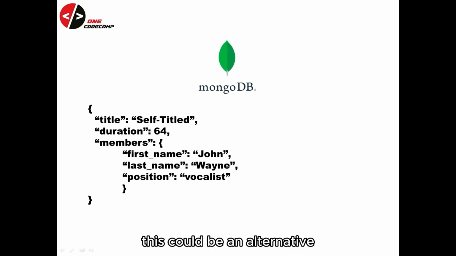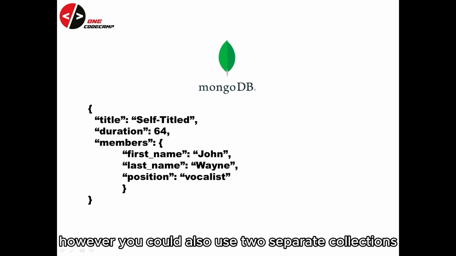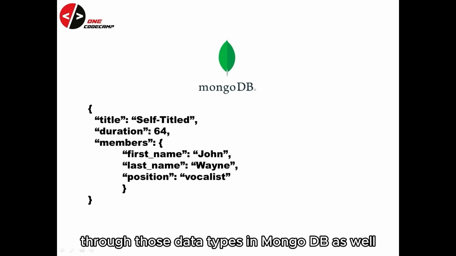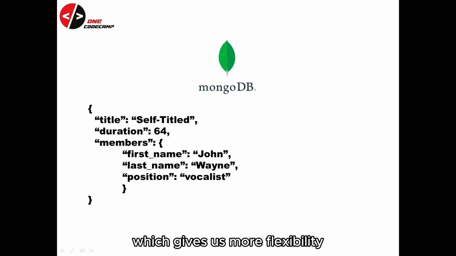This could be an alternative instead of using 2 different tables in a SQL database to store those 2 data types separately. However, you could also use two separate collections for those data types in MongoDB as well. But we get to have this option of nested documents, which gives us more flexibility and sometimes a better option.